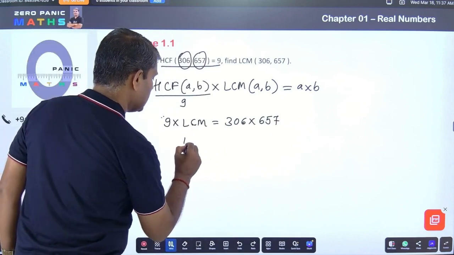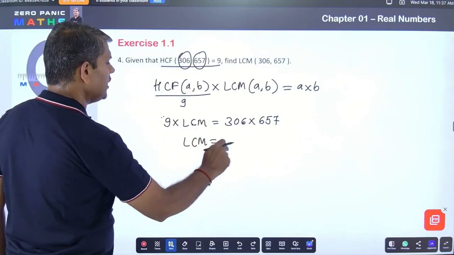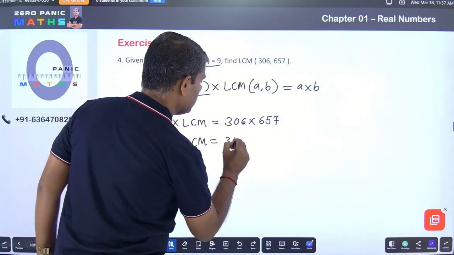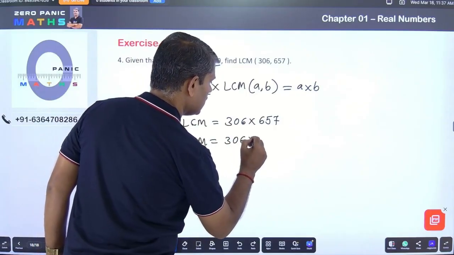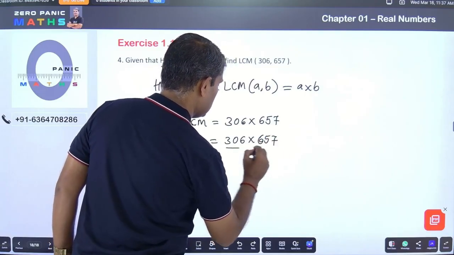So LCM is equal to, take this 9 to that side, it will become the denominator, 9.